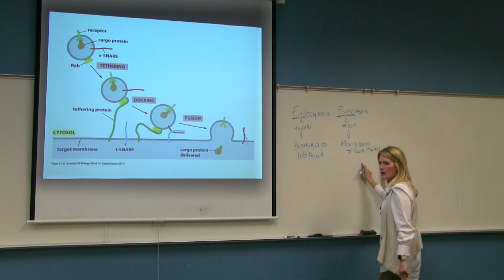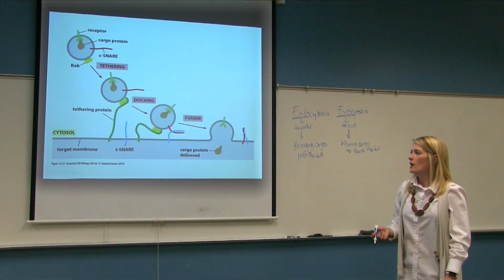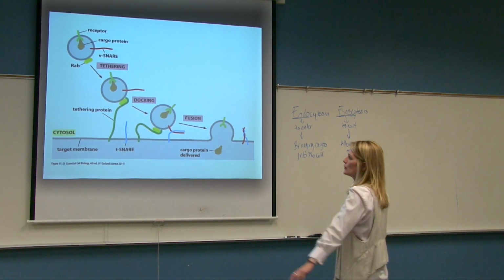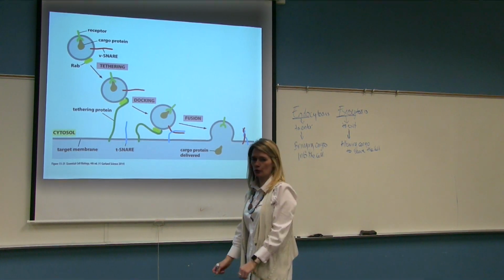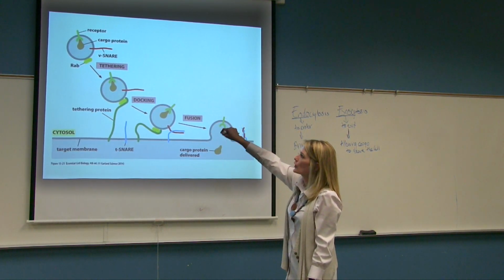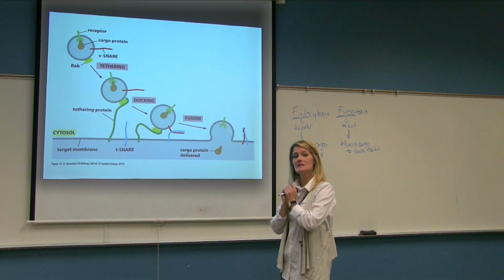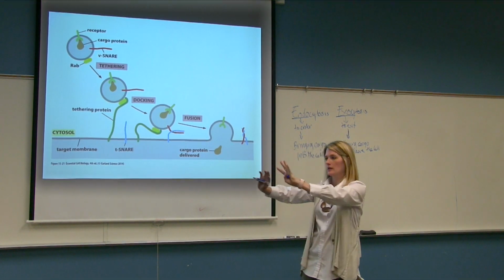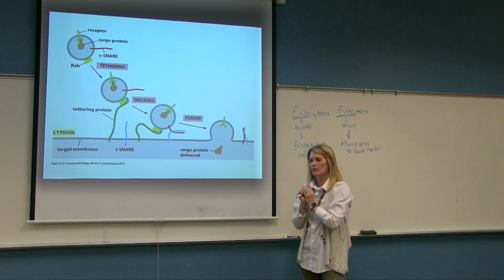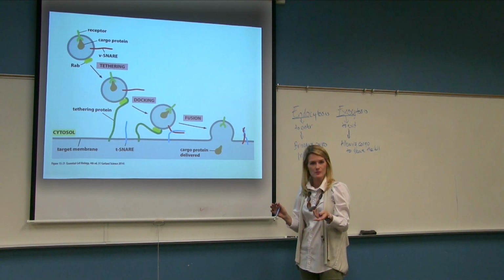But how does this process occur? What happens is you have up in the left-hand corner here, you have your cargo protein, right? You have the thing that you want to deliver to the outside of the cell. And again, this is going to come really into play when we think about things like neuronal transmission, right?